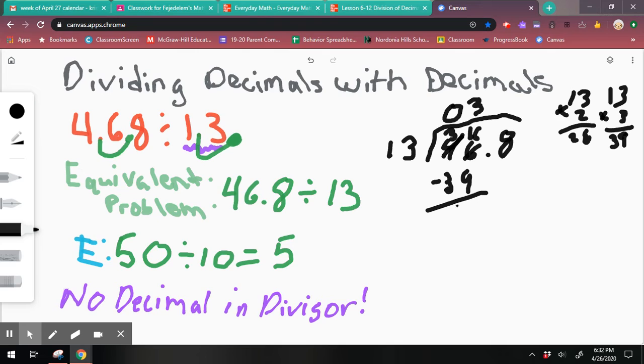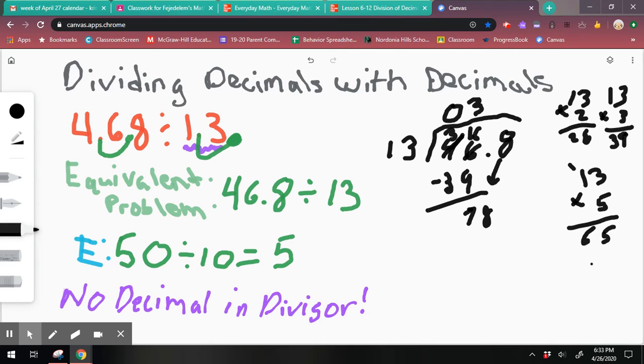So 16 minus 9, and 3 minus 3. Bring down. Uh-oh, how many times can 13 go into 78? Let's do 13 times 5 over here and see what that is. 15, 65.